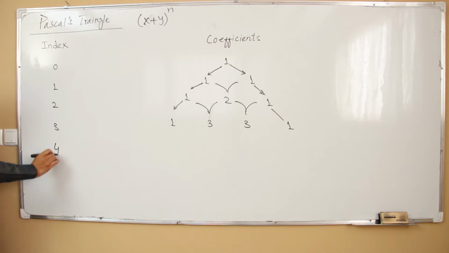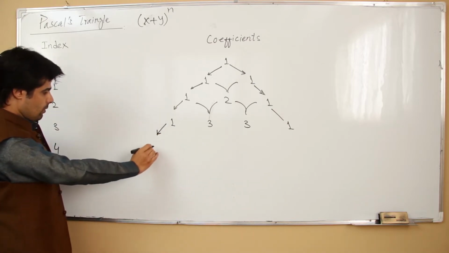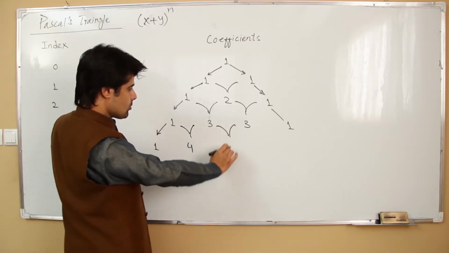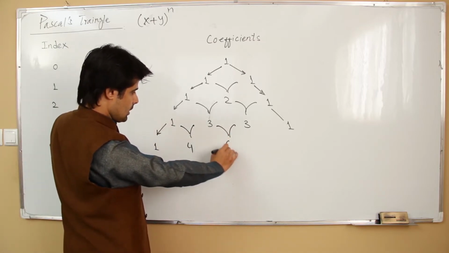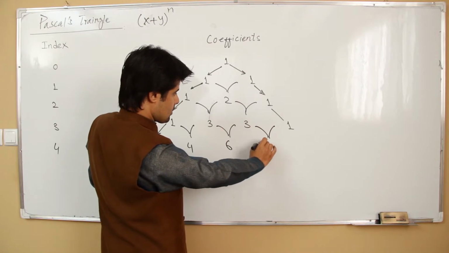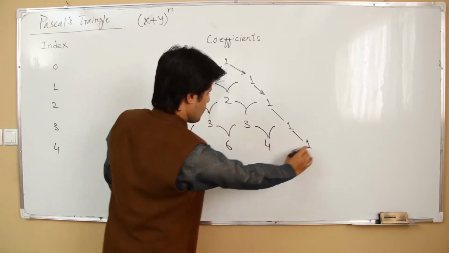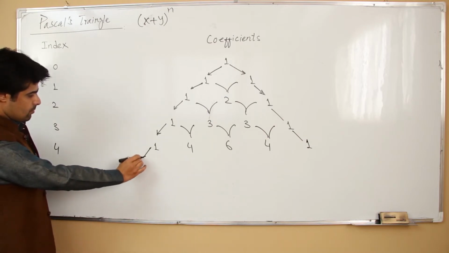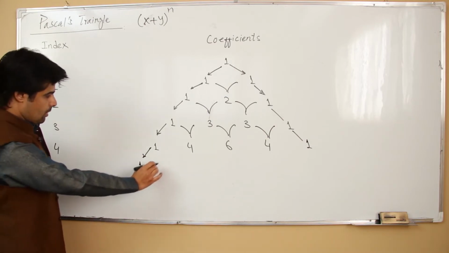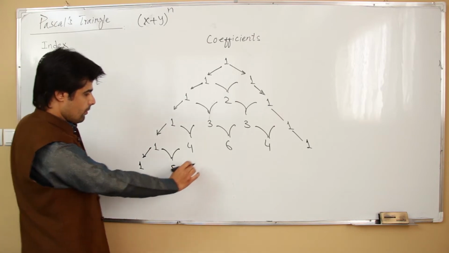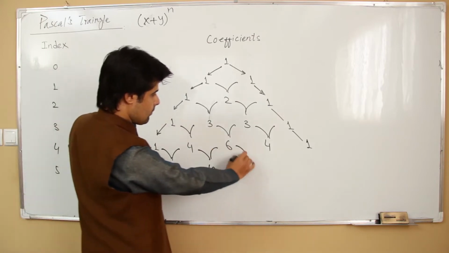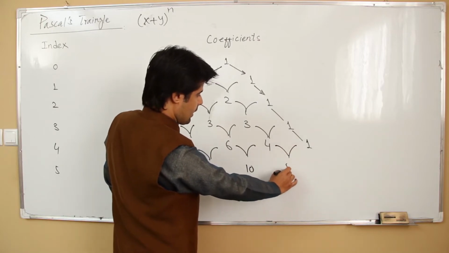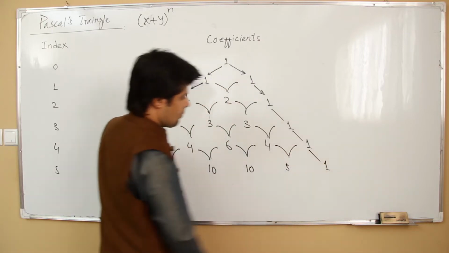If you have 4, expand it by 1, 1 with 3, it's 4, 3 with 3, it's what? 6, 3 with 1, it's 4, and 1. If you have 5, expand this one by 1 and sum these two, 5, it's 10, 4 plus 1, it's 5, and expand this one by 1.